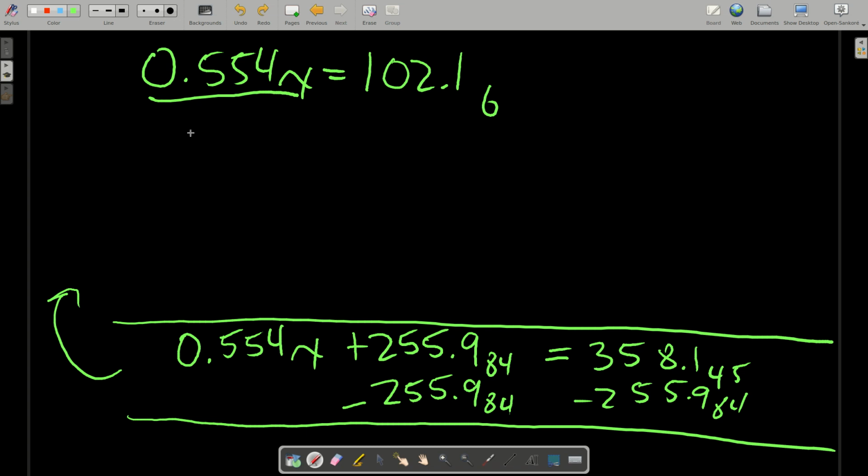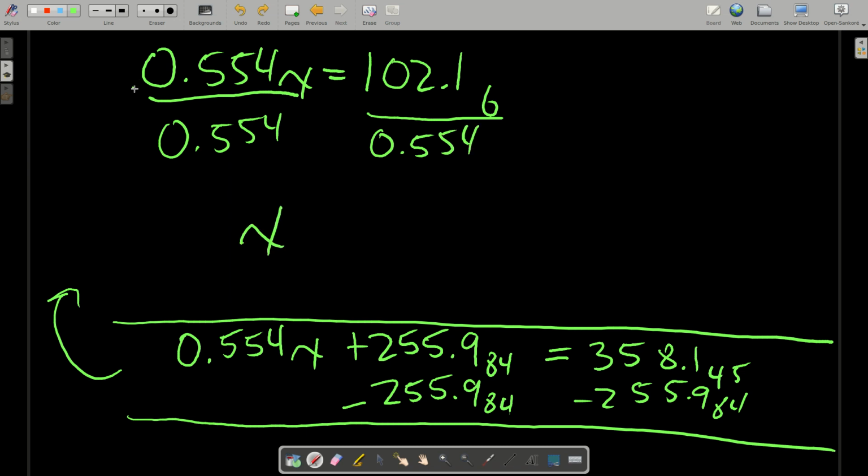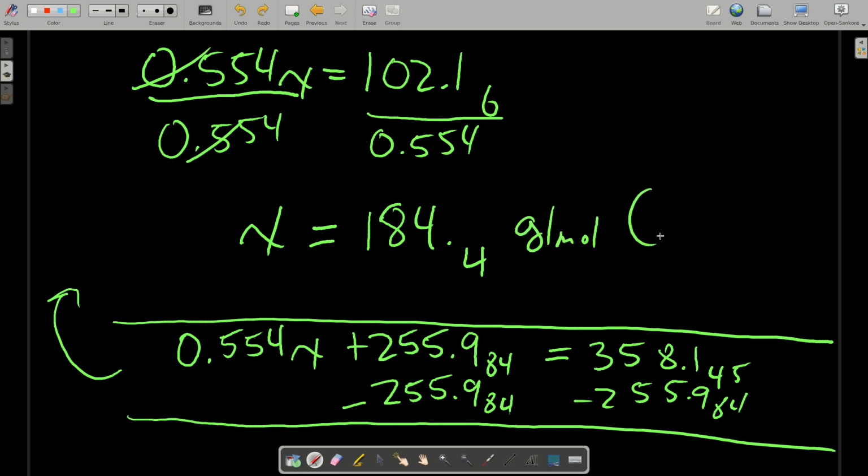Dividing both sides by 0.554, we find that x is equal to 184.4, and it's going to be grams per mole, or AMUs for the average atomic mass. And I think that ends up being closest to tungsten.